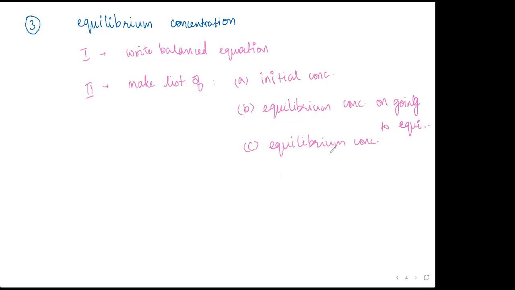Okay. So once you make a list of these at t equal to 0, at t equal to 50 seconds, and at t equal to the equilibrium time, based on the stoichiometric coefficients of the balanced equation, you'll be able to write all of this. And you just substitute the values into the equilibrium constant expression and solve for the unknown values.